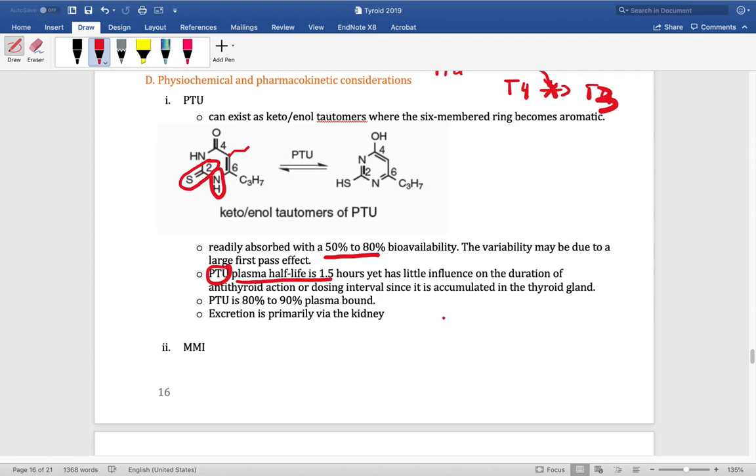But because the drug is accumulated in the thyroid gland, the half-life is of very little value, since it is going to have its effect there. Propylthiouracil is 80 to 90% plasma bound and is excreted primarily via the kidneys.